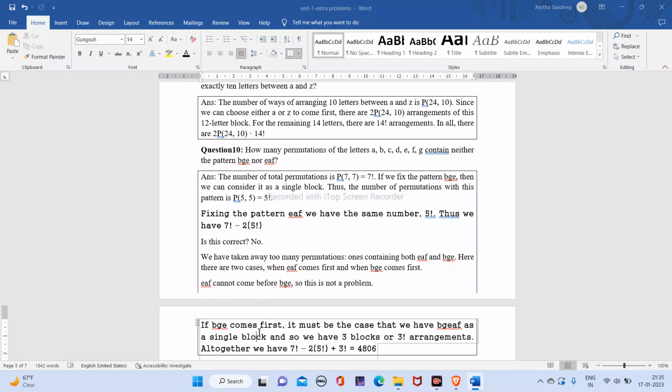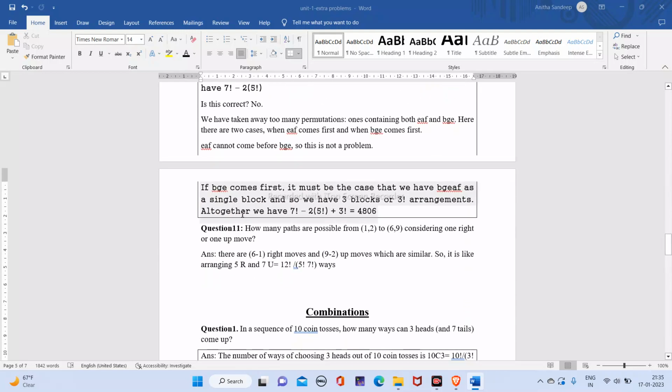If BGE comes first, it must be the case that we have BGEAF as a single block, and so we have 3 blocks or 3 factorial arrangements. Therefore altogether we have 7 factorial minus 2 into 5 factorial plus 3 factorial, which is 4806 different ways.